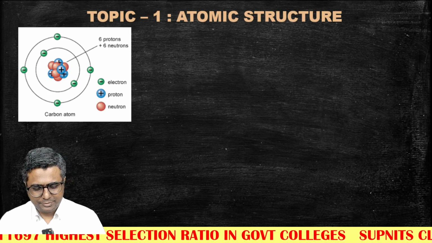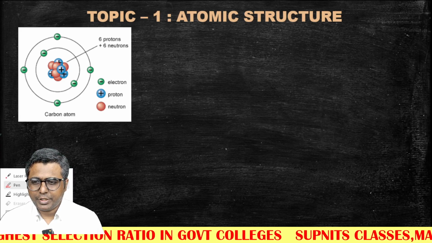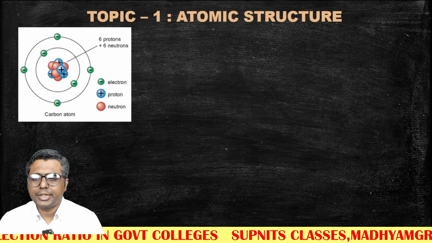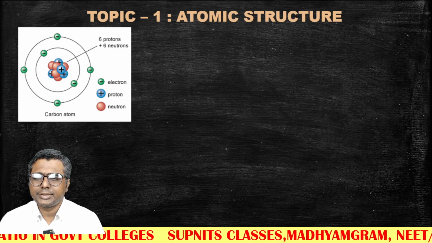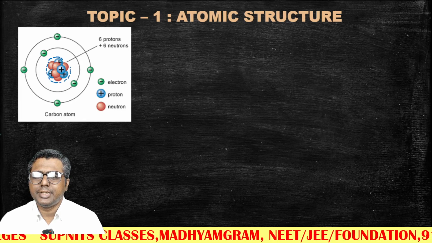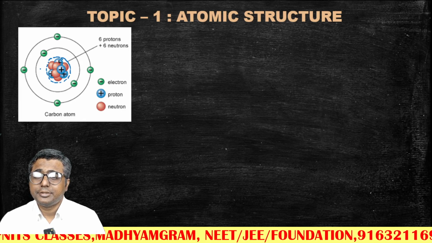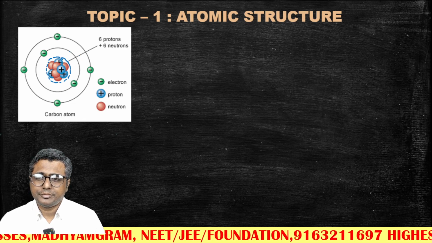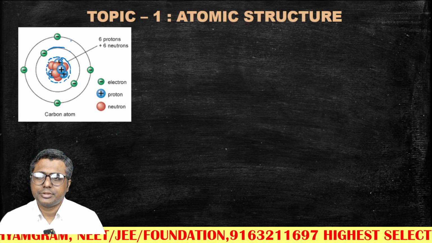This is the structure of an atom, as we all know. In the structure we can see that this part is the nucleus. This is the nucleus of the atom, and this is the orbit.